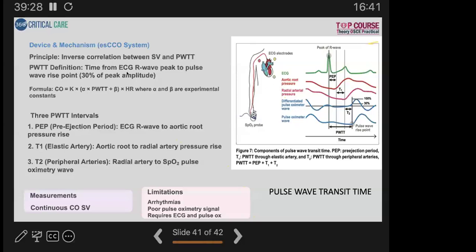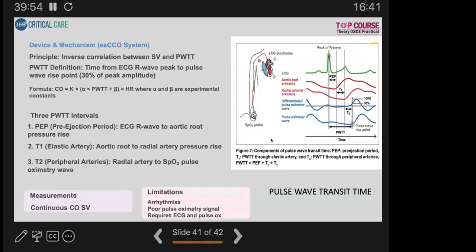So the time taken from the ECG R wave peak to the pulse wave rise point is divided into 3 intervals, where we need 3 values for the calculation of the cardiac output: the pre-ejection period, the elastic artery period, and the peripheral artery phase. The pre-ejection period is the ECG R wave to the aortic root pressure rise, T1 is the aortic root to the radial artery, and T2 is the radial artery to the SpO2 pulse oximetry wave.